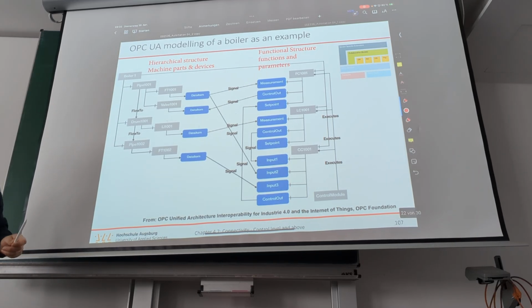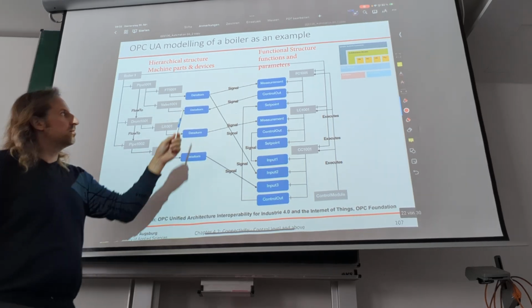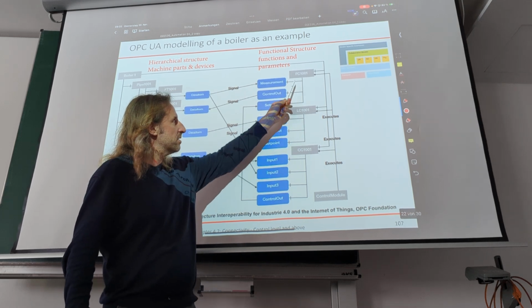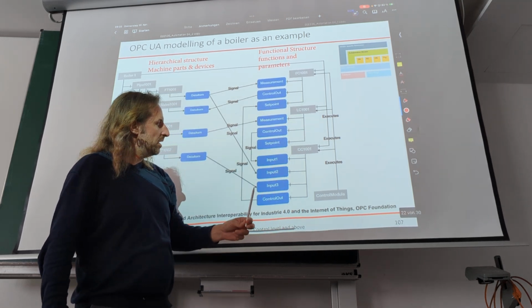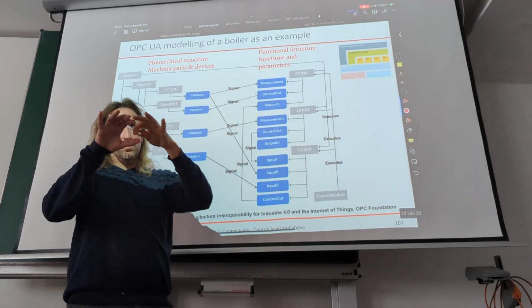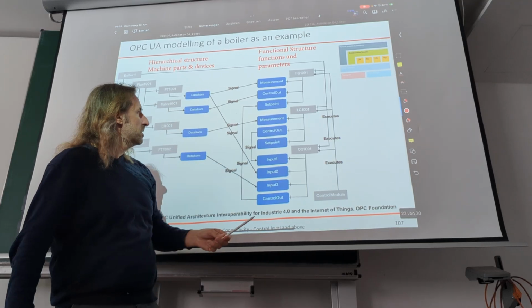And on the other hand, you have a functional structure, which is just a different view. So you probably have a function to control the level and to control the flow, and an overall controlling of the whole boiler.